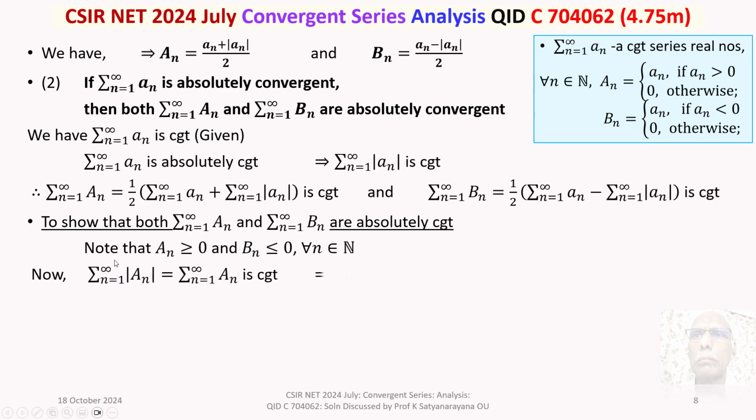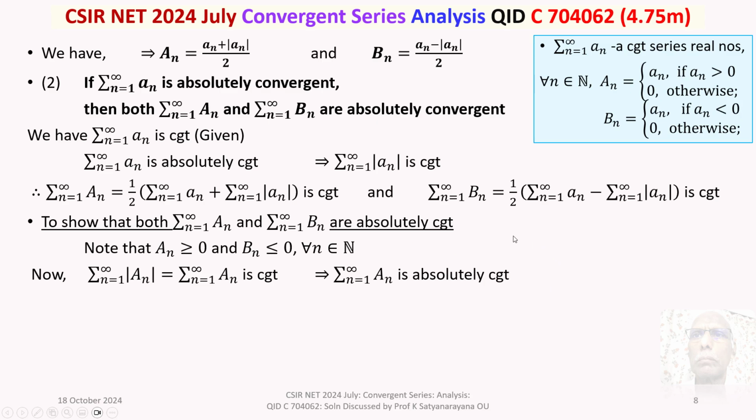Now, sigma n equal to 1 to infinity mod capital An is equal to sigma capital An, because mod capital An is capital An only. Why? Because capital An is greater than or equal to 0. Therefore, absolute convergence is the same as convergence in the case of non-negative terms. Right. This means sigma capital An is absolutely convergent.